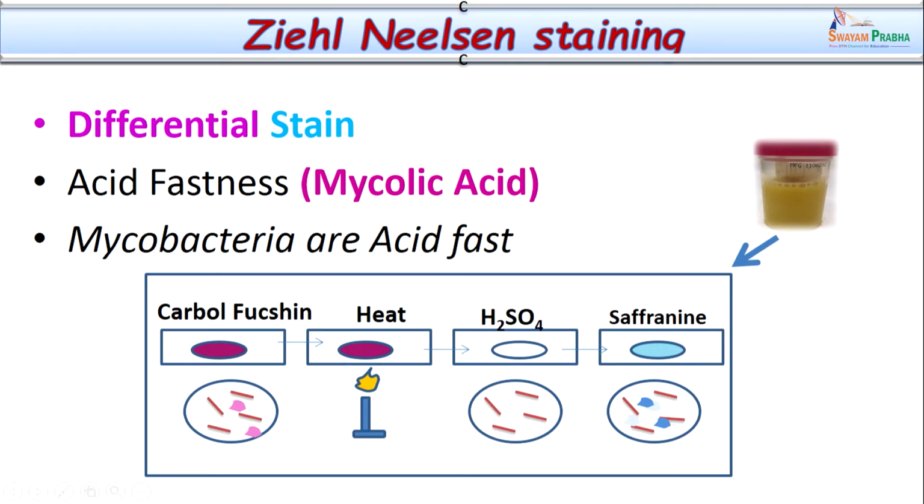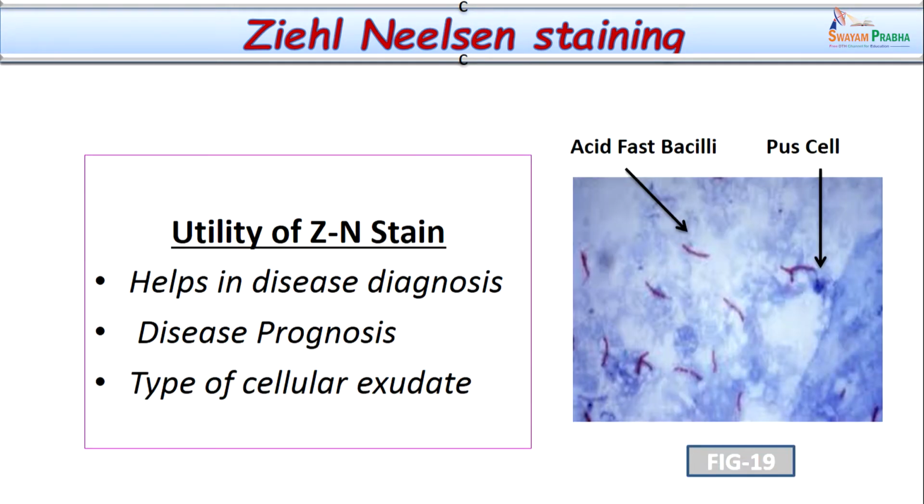Ultimately, the bacteria appear reddish pink against the blue background, and these are the pus cells you can differentiate. What is the application of this stain? This stain helps us in disease diagnosis, especially in tuberculosis. It helps in screening the disease, in the prognosis of the disease, and also tells us about the type of cellular exudate.